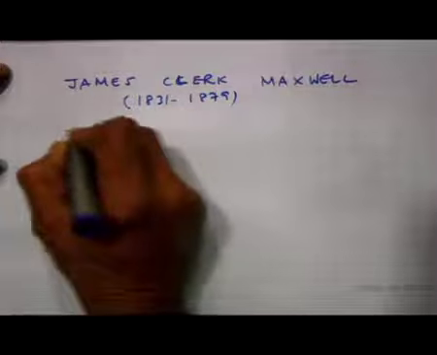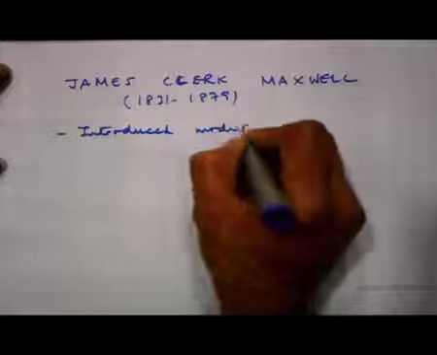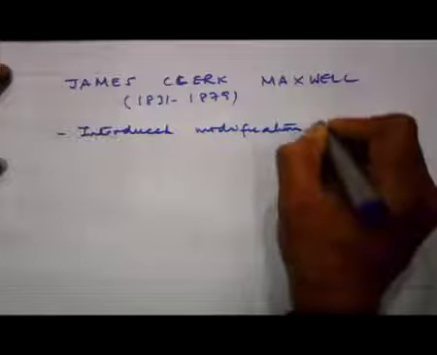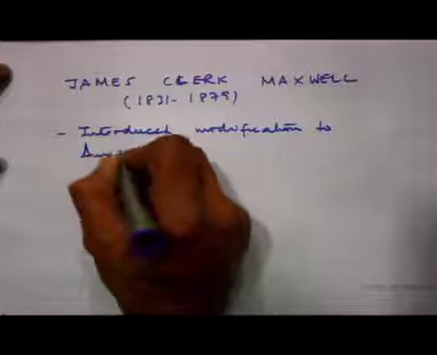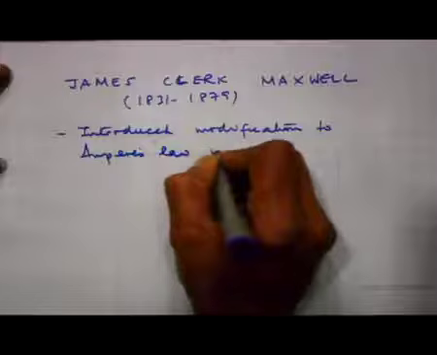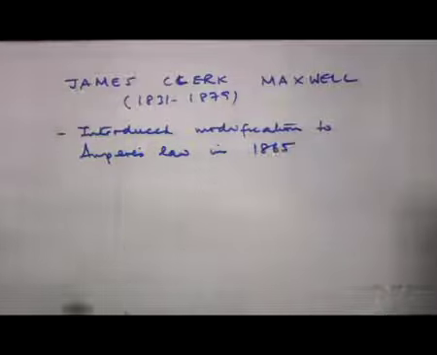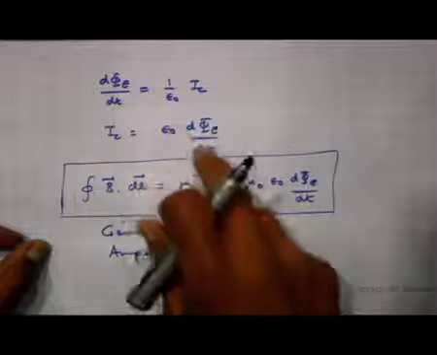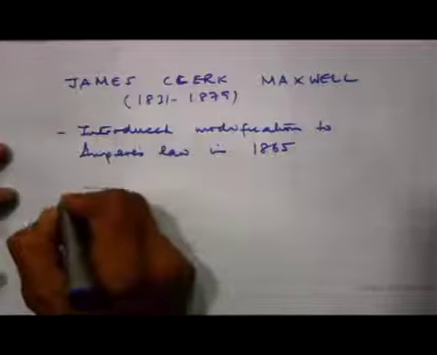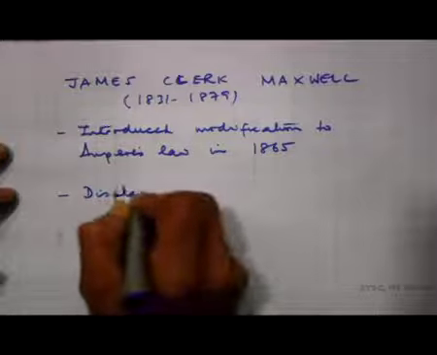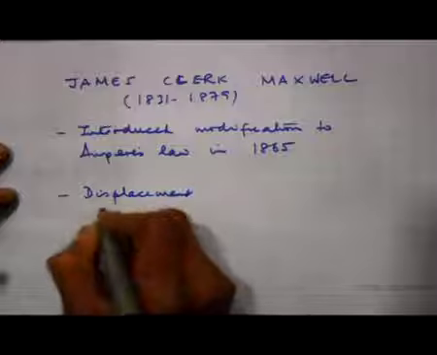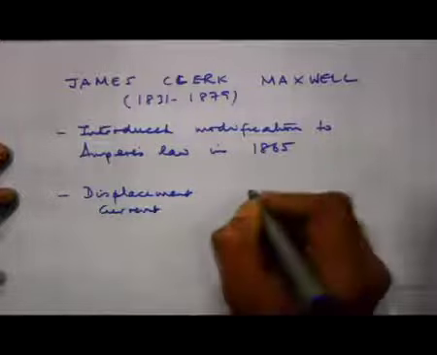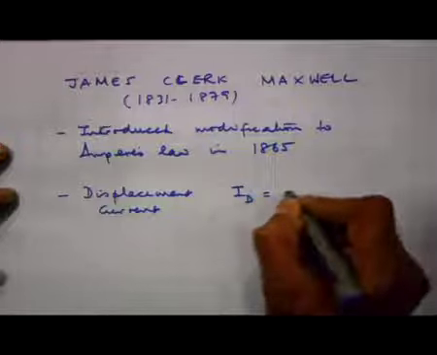He introduced a modification to Ampere's law in 1865, and this term is referred to as the displacement current. This term which is coming here is called the displacement current, and that happens to be equal to conduction current in this case. So, this is called the displacement current, I d, epsilon 0.